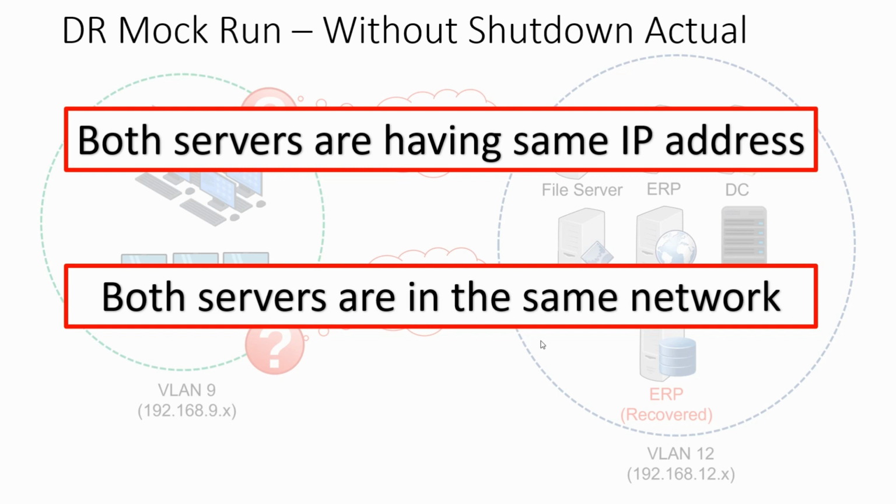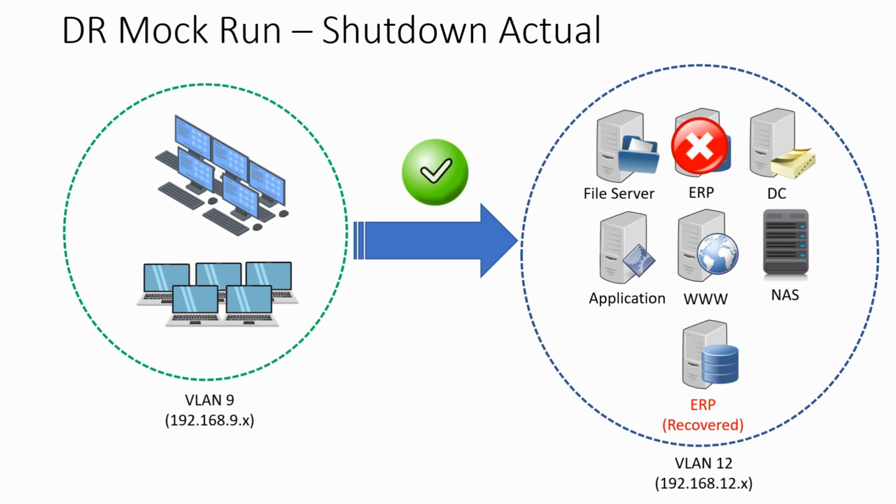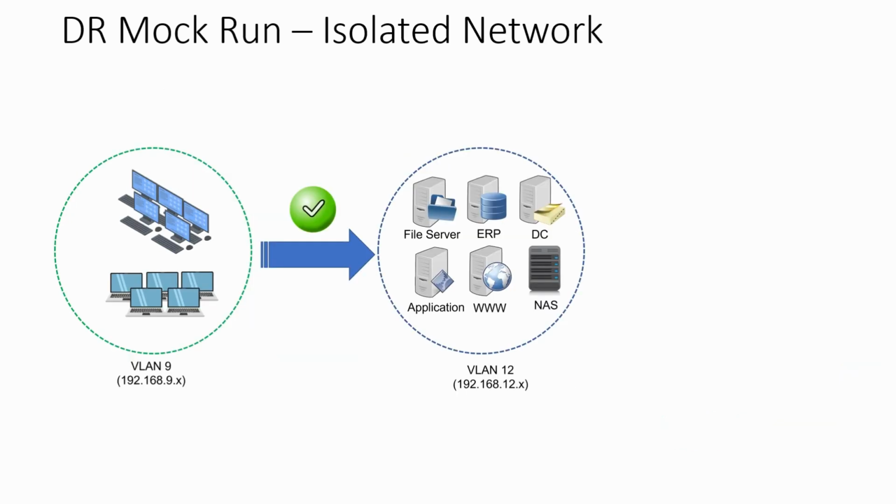You cannot have the same registration number for more than one car. Then how? Either in mock run or actual recovery, we are required to shut down the production Epico ERP server so that the user can access the particular server without making any changes in their desktop or laptop.